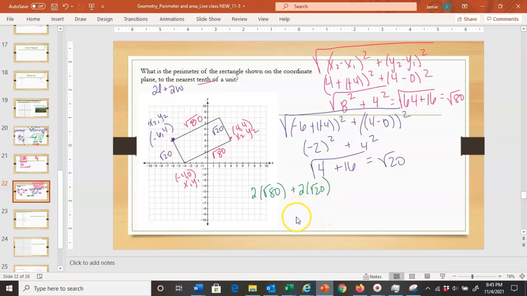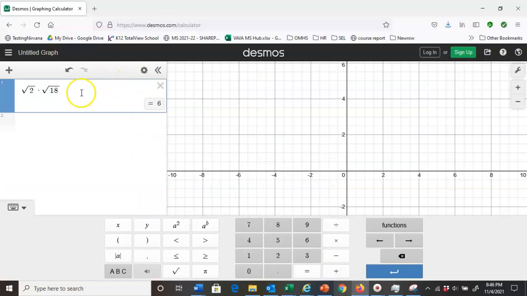There's a few ways we can do this. Because it asked for a tenth of a unit, I say we go ahead and just plug it in our calculator. We could reduce these radicals, but again, because it wants a tenth of a unit, we know we're going to have a decimal answer. So let's go to our Desmos. 2 root 80 plus 2 root 20. All right.